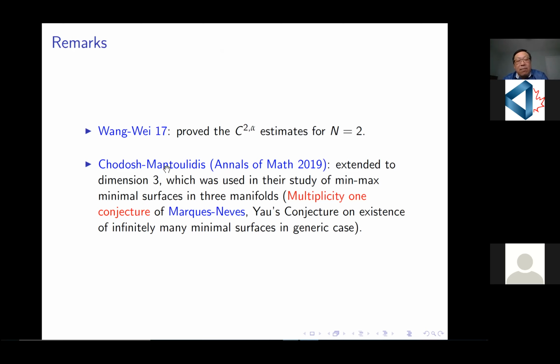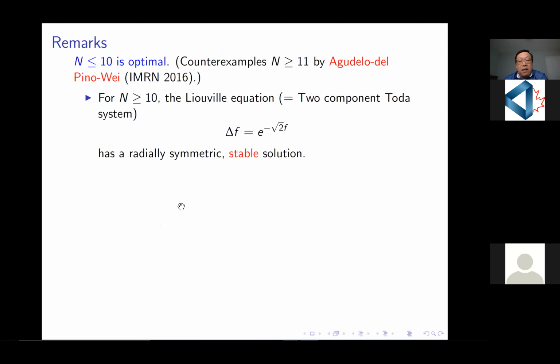And Guaraco and Mantoulidis extended this estimate to dimension 3. With this estimate, they can prove the multiplicity one conjecture by Marques and Neves. They use this estimate to construct a Jacobi field, a positive Jacobi field. This is a very interesting construction.